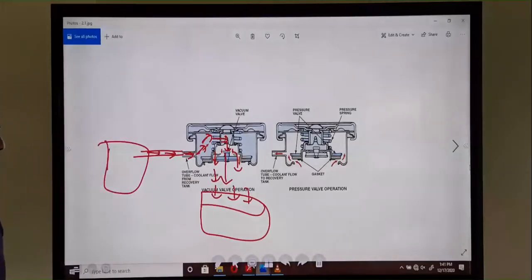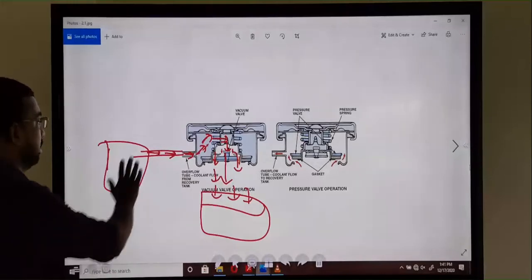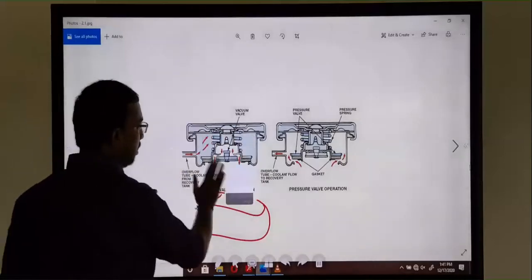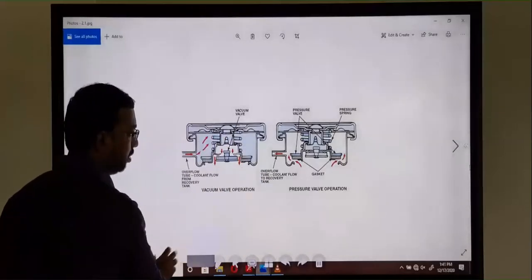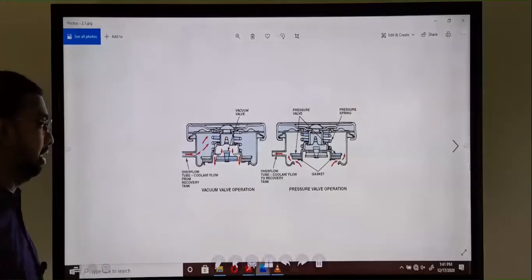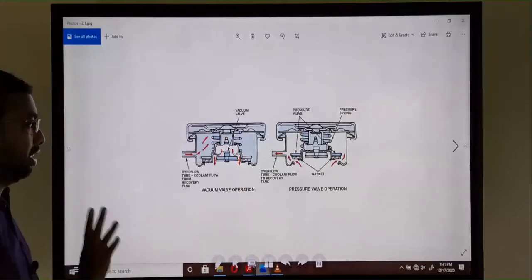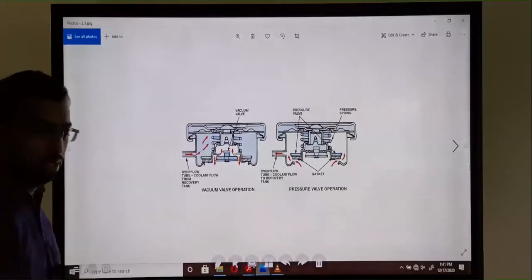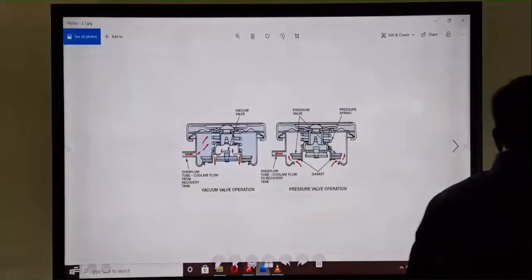This is how the pressure cap controls the flow in two different conditions: one is the pressure condition and the other is the vacuum condition.